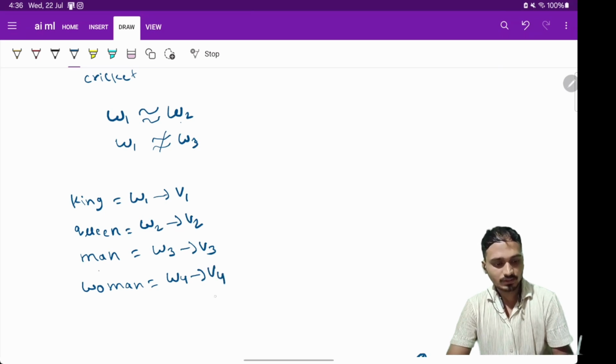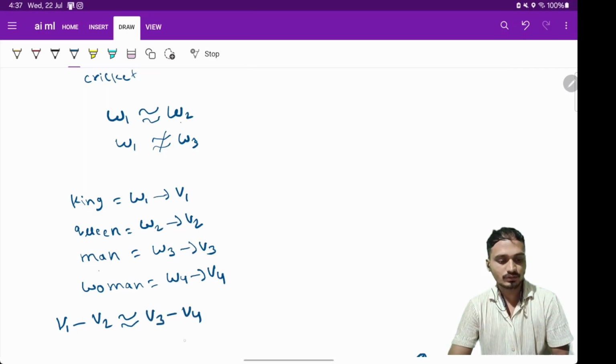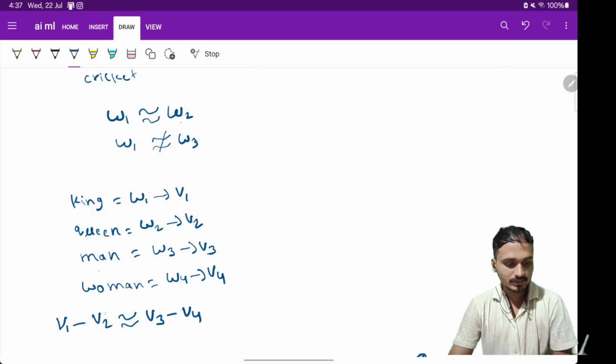Word2Vector also preserves the semantic meanings, which means that V1 minus V2 will be very similar to V3 minus V4. How? If we use any kind of distance difference, then king minus queen leaves us with the gender difference, because we have cut out the royal status between king and queen.